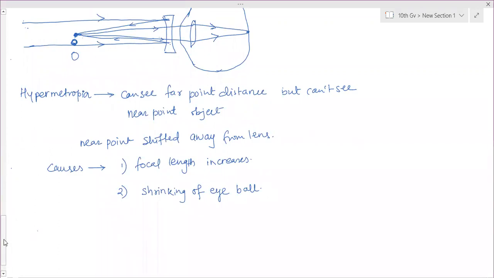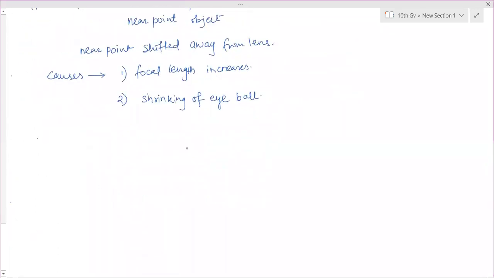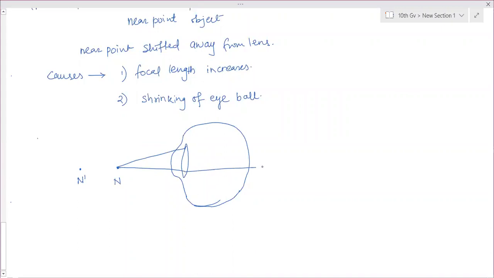Then the diagrams. This is the actual near point, and this is the changed near point, N dash. Now rays from this actual near point, when they fall on the lens, converge far behind the retina. This is the defect.